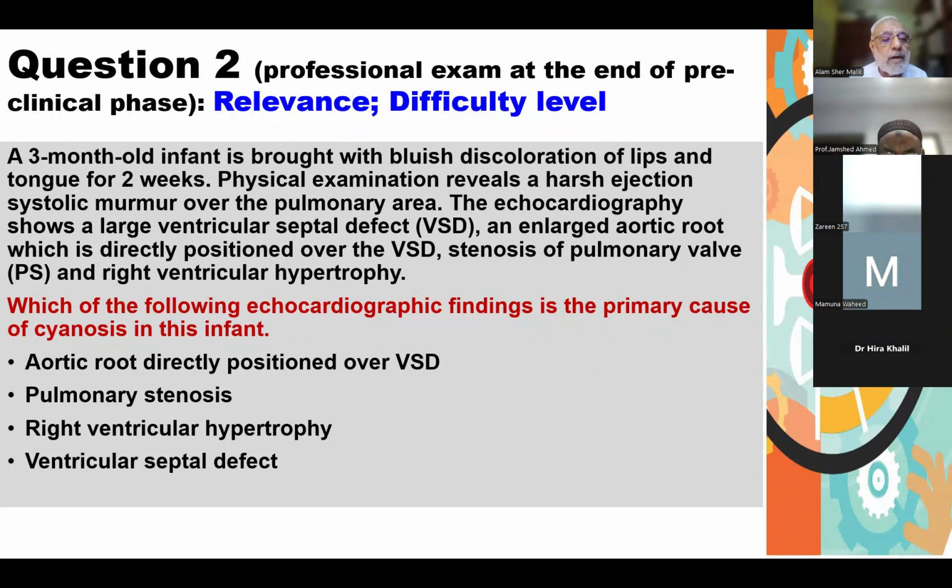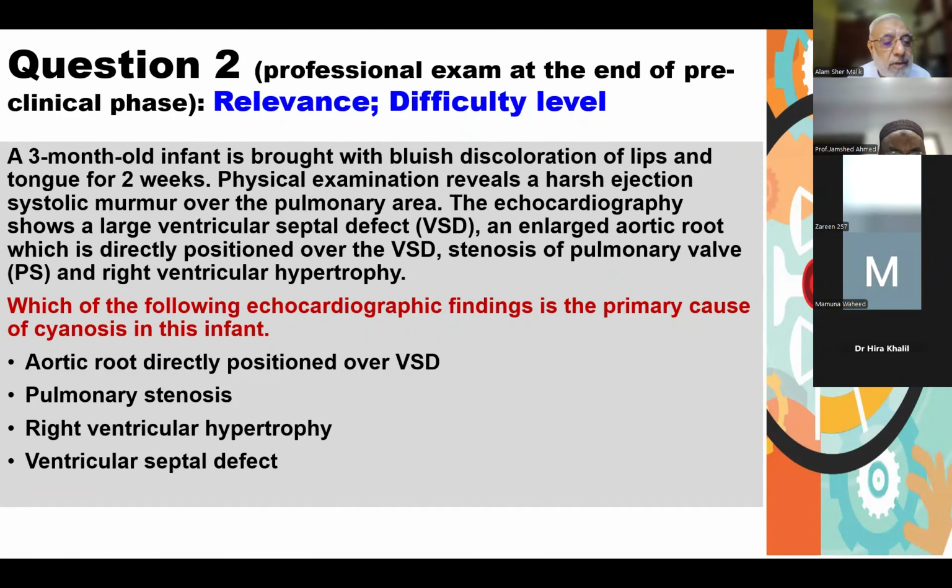The echocardiography shows a large ventricular septal defect and enlarged aortic root, which is directly positioned over the VSD, stenosis of pulmonary valve, and right ventricular hypertrophy. Obviously, this is a case of tetralogy of Fallot, and rather than saying tetralogy of Fallot, we are describing the components because the question would be based on the components.